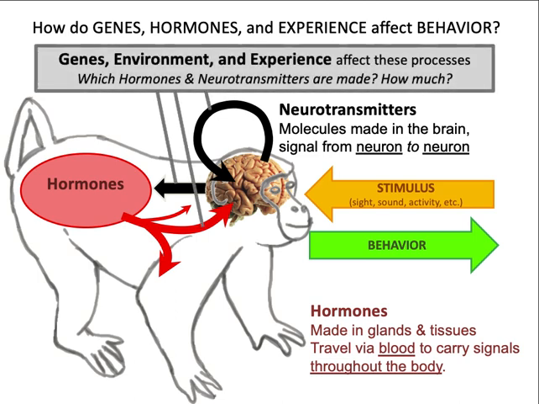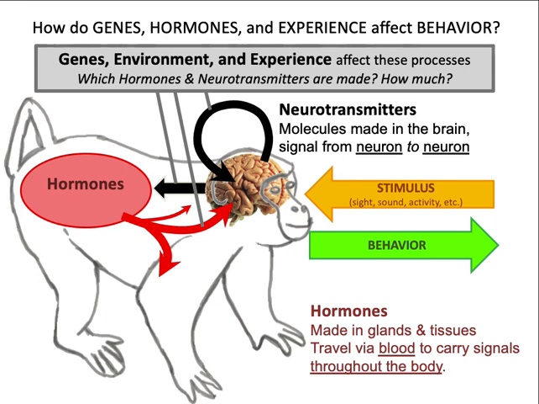And so a combination of factors affect these processes. In particular, they affect which hormones and neurotransmitters are made and how much are made in any given instance. And those things include genes, environment, and experience. And so one of the things that I want to highlight is that even though there are genetic bases for behaviors, for like simple behaviors, it doesn't mean necessarily that we are biological beings that are simply reacting to the genetics that we inherited from our biological parents, right?